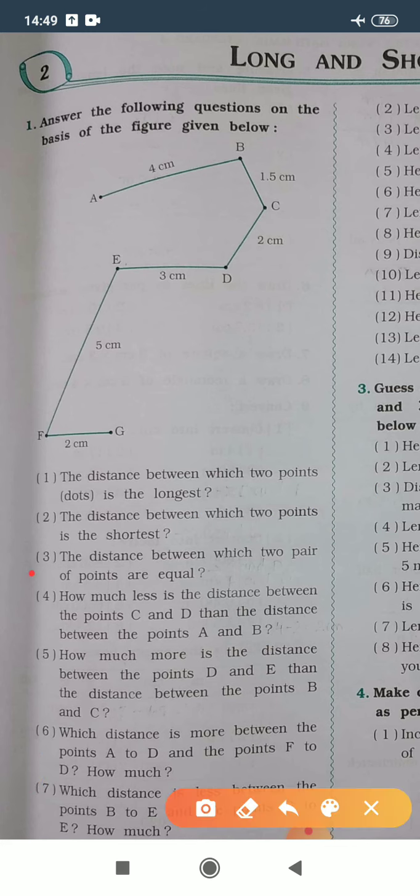Let's solve question number 3. The distance between which two pair of points are equal?